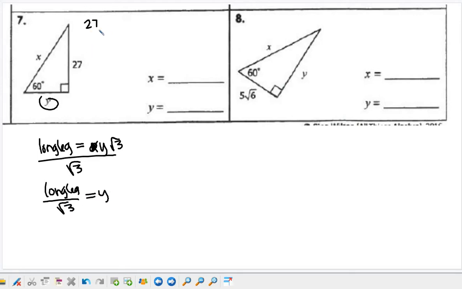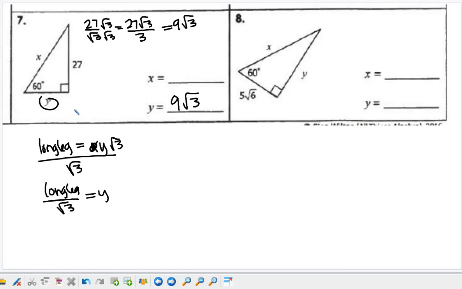So I have 27 divided by the square root of 3. So again, we rationalize. We get 27 square roots of 3, and square root of 3 times square root of 3 is 3. 27 divided by 3 is 9 square roots of 3. So 9 square root of 3.